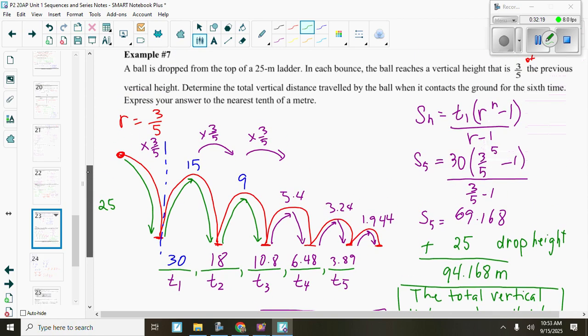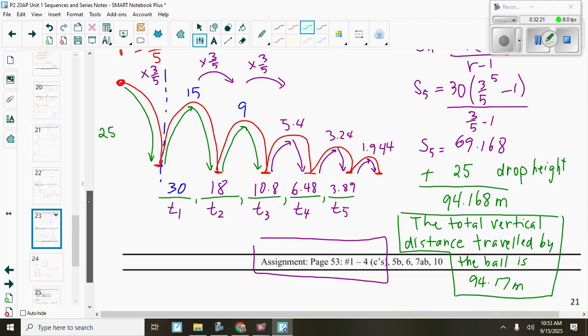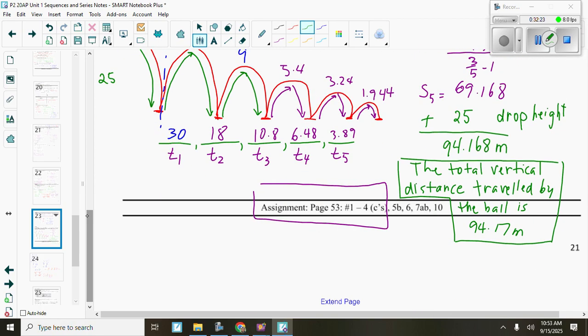So this one takes a little bit of brain power. I would go back over that one and draw it out until you're solid with it. If you already figured out all the heights of bounces, couldn't you just add those up? Sure thing, yep, absolutely.